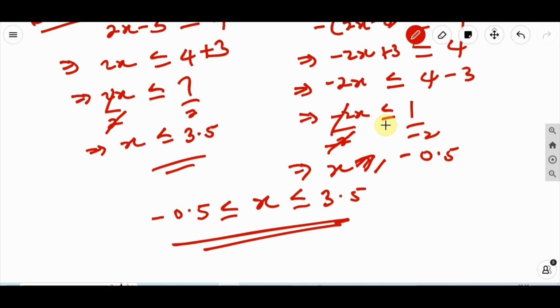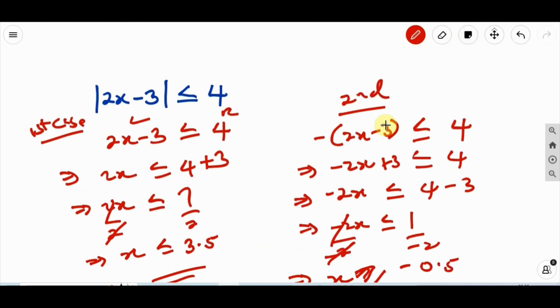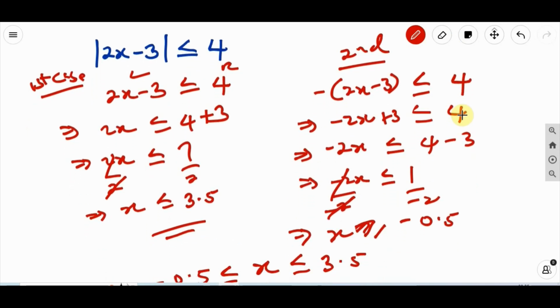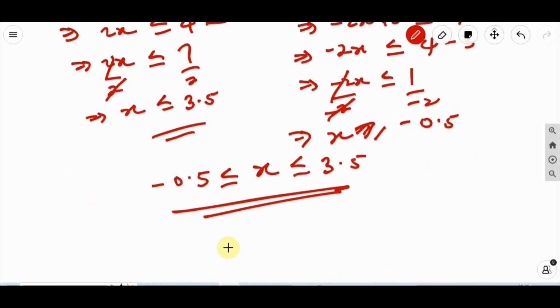So remember that I said for the second case, either take the left hand side as negative or the right hand side as negative. So let's take the right hand side as negative and see if we're going to get the same answer. So I'm going to write 2x minus 3 is less than or equal to 4.